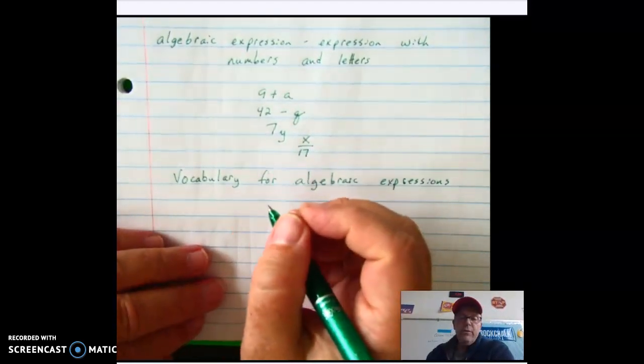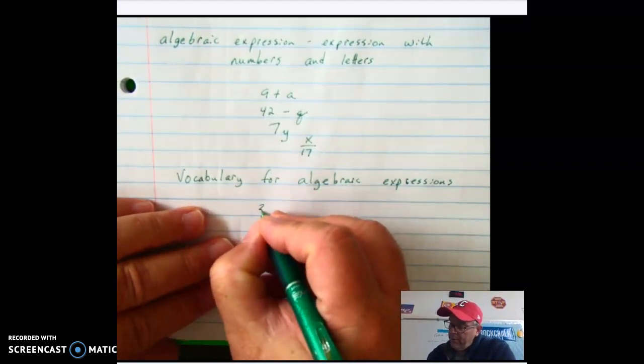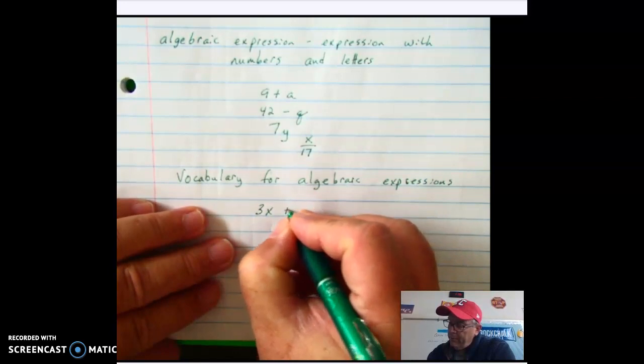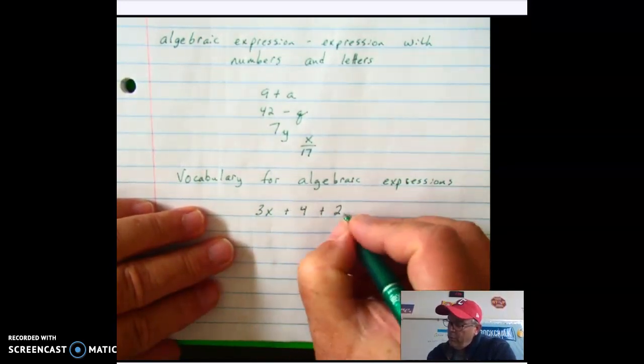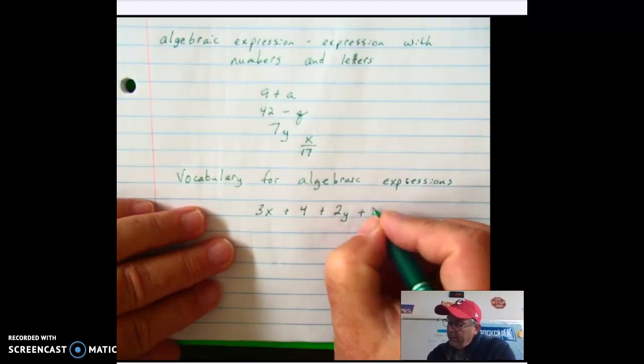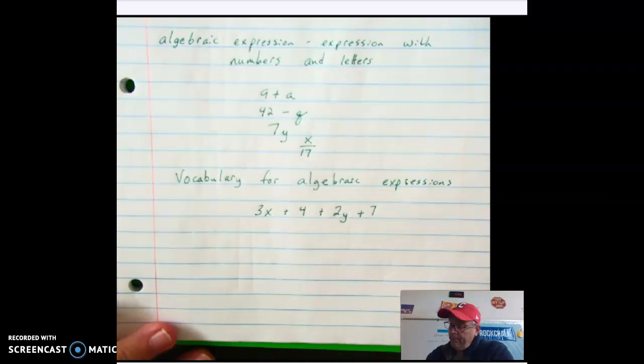So the first thing I'm going to do is give you an algebraic expression that we can work with. So if I have 3x plus 4 plus 2y plus 7. So we'll start with that one.